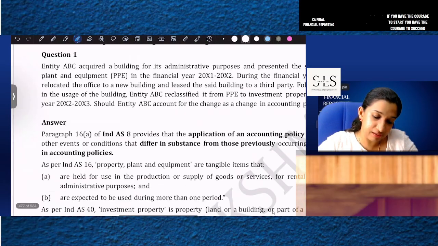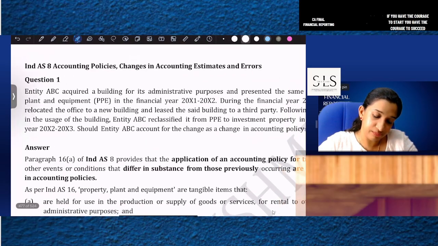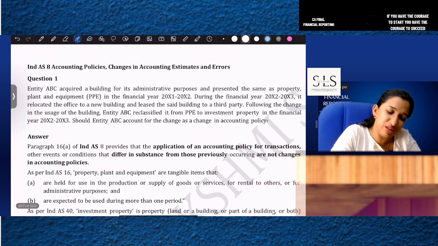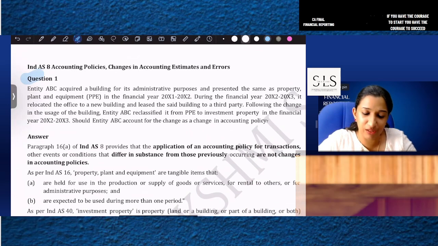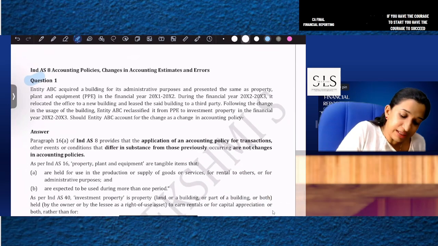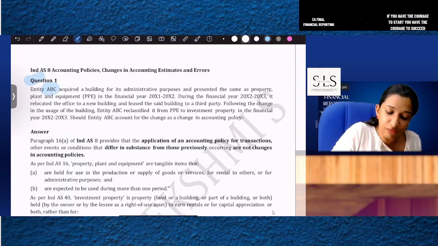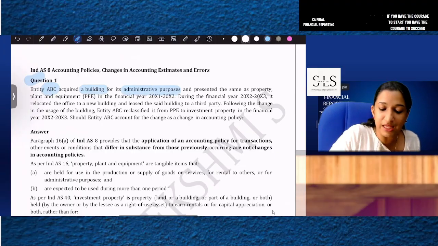Let's take question number 1, very easy, study material question only. I'll read this. Entity ABC acquired a building for its administrative purpose and presented it as PPE.